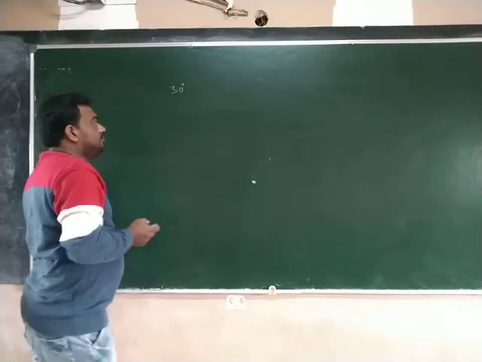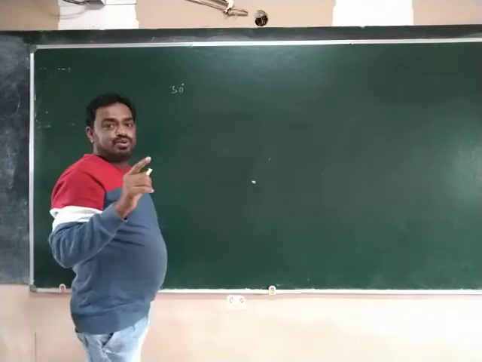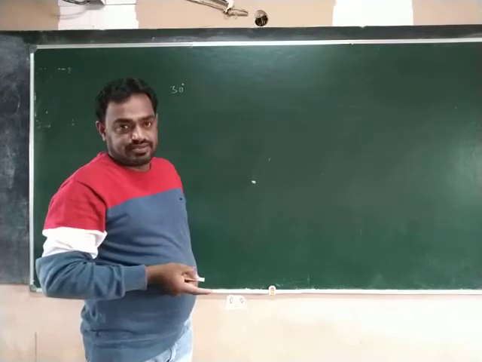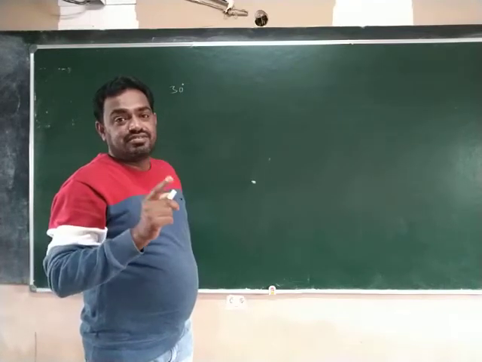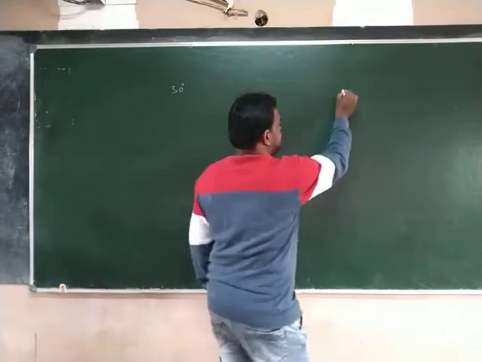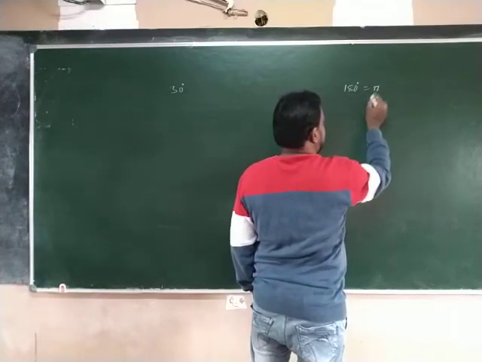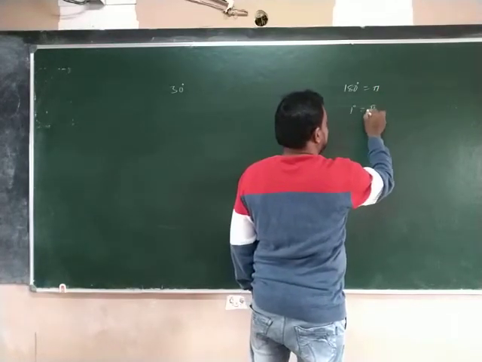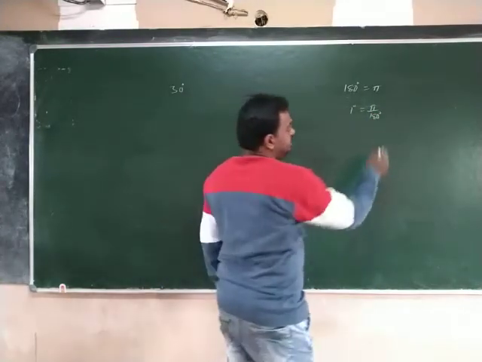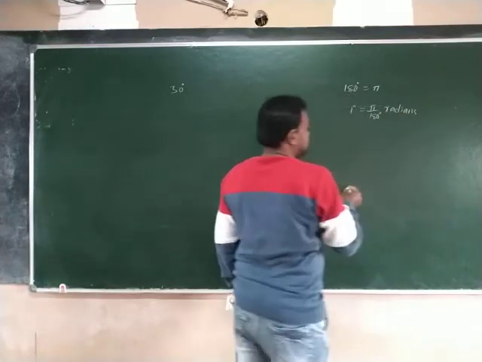360 degrees is equal to 2 pi radians. That is, 180 degrees is equal to pi radians. Then 1 degree is equal to pi by 180 radians.